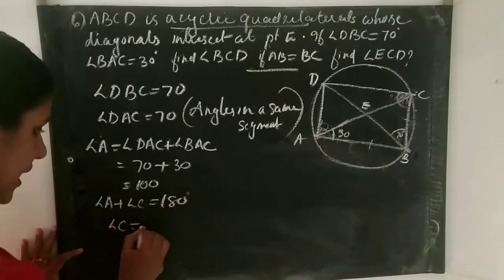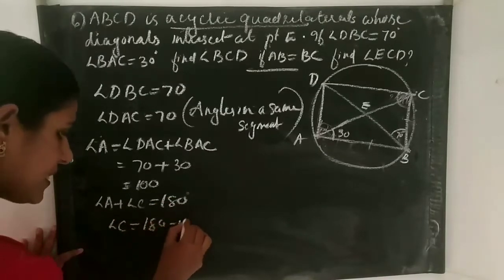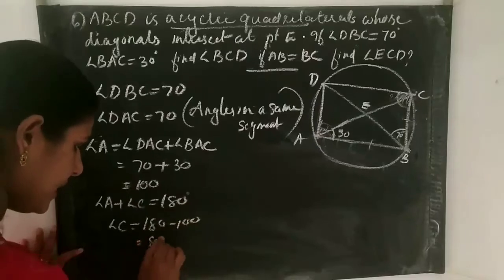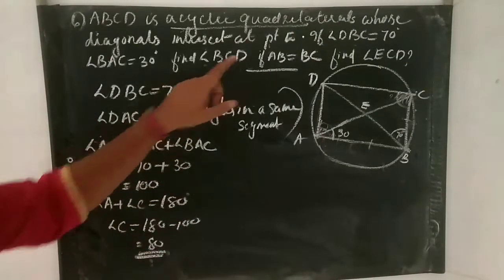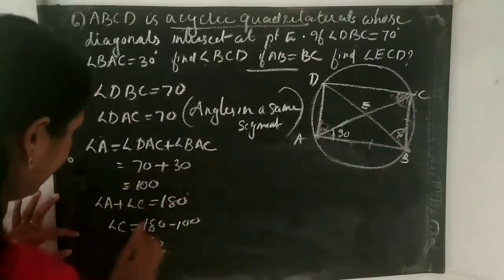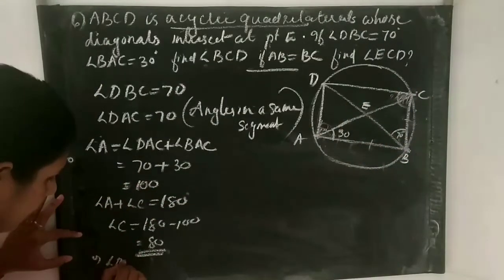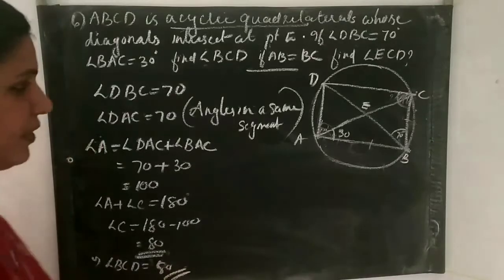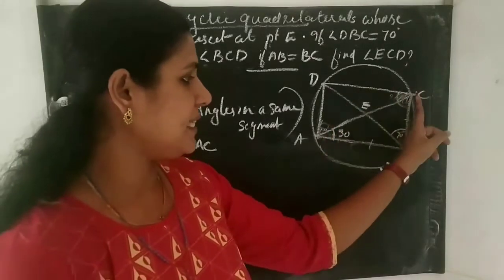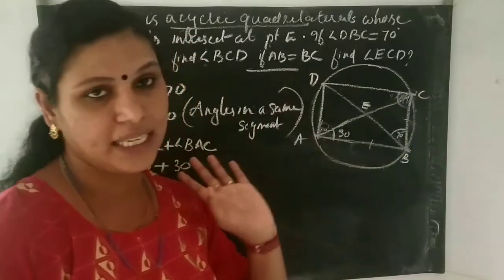From this, angle C equals 180 minus 100 equals 80 degrees. That is angle BCD. Angle BCD equals 80 degrees.